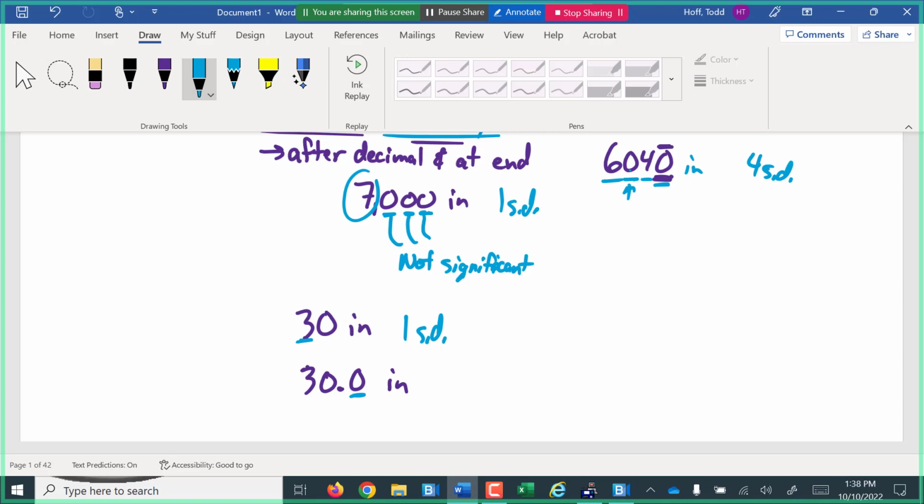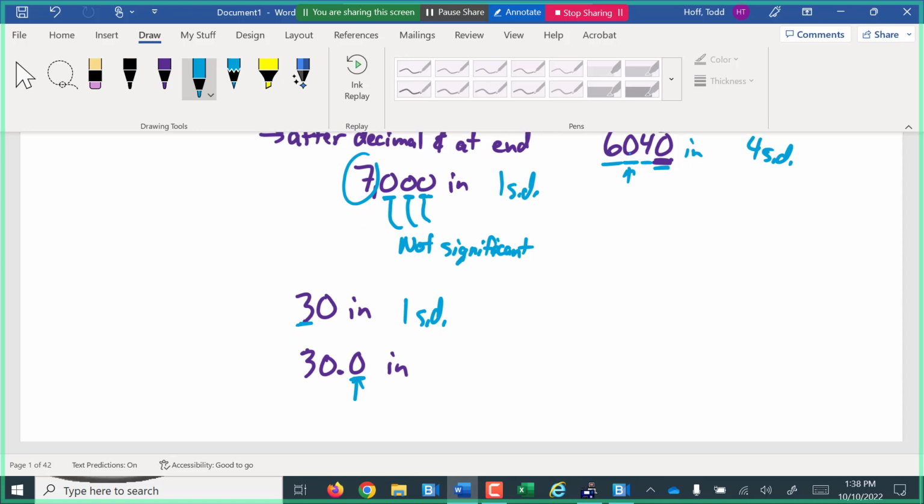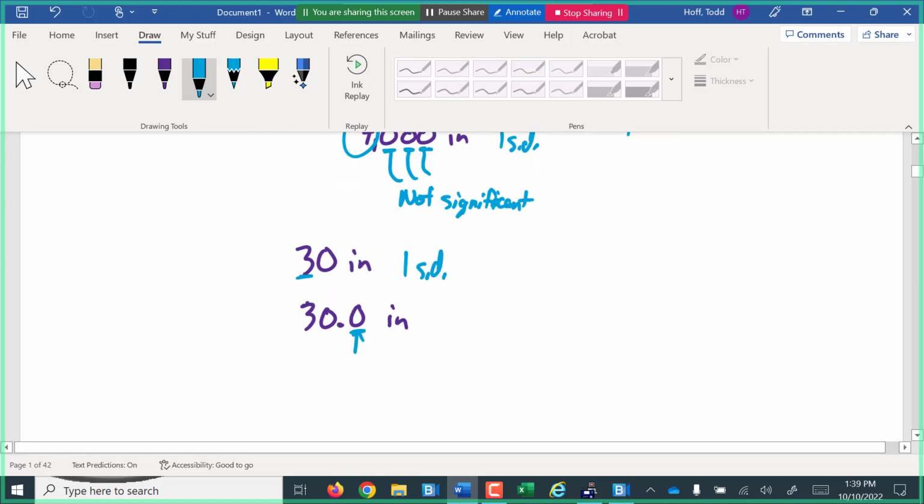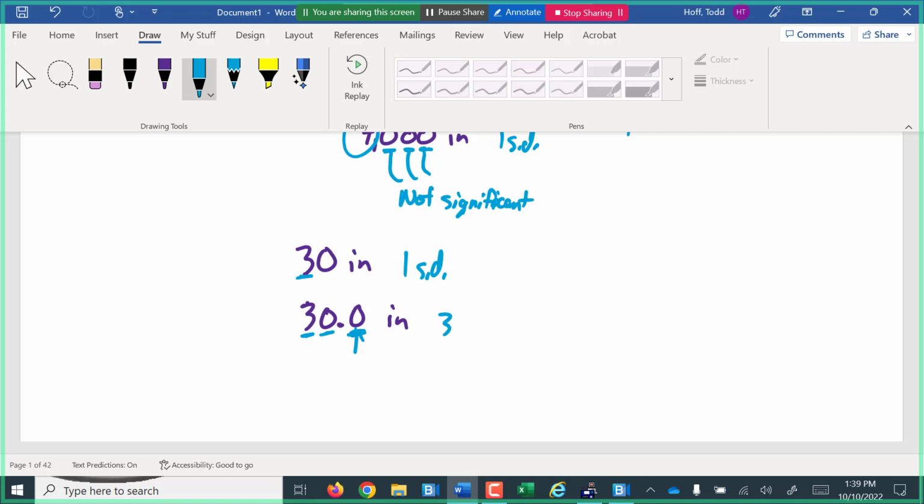It's like that example we did a few minutes ago. 30 and 30.0 are mathematically equivalent. This 0 is not mathematically necessary. So the only reason for it to be there is if it's part of the measurement, which means it is significant. So since the 3 is significant and that 0 is significant, that 0 between them makes that significant. So this has 3 significant digits.